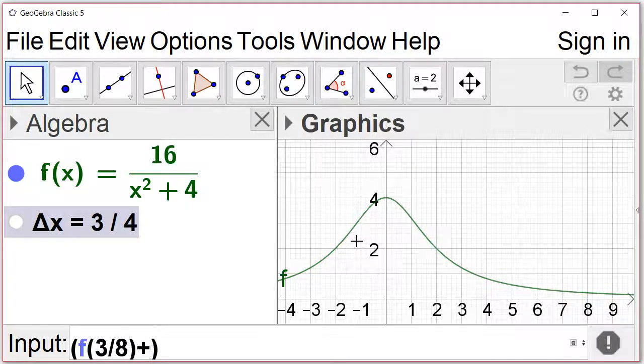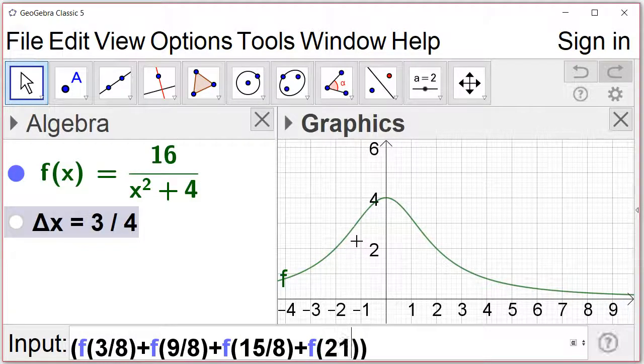Next is f of x2 bar, where x2 bar is 9 over 8. Then x3 bar is 15 over 8, and f of x4 bar, where x4 bar is 21 over 8. Then we just multiply by delta x, which is 3/4.